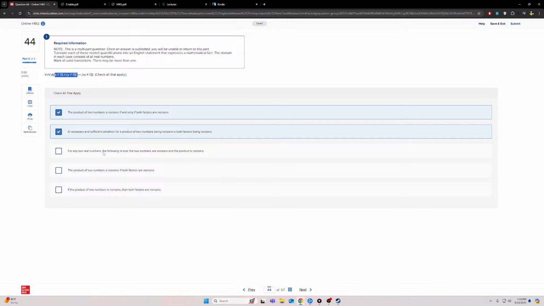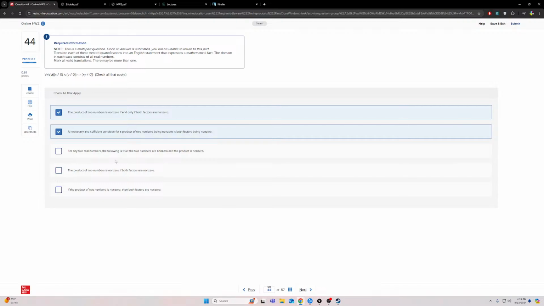For any two real numbers, the following is true. Two numbers are non-zero, and the product is non-zero. I mean, technically true.